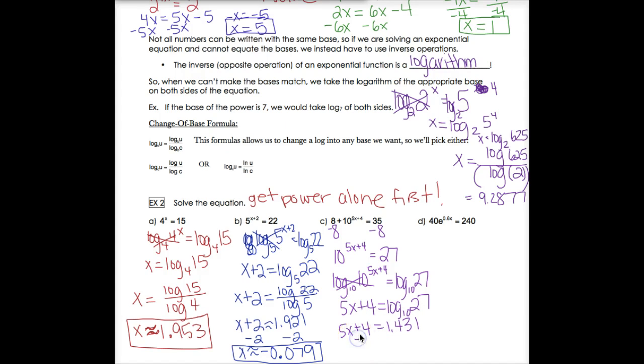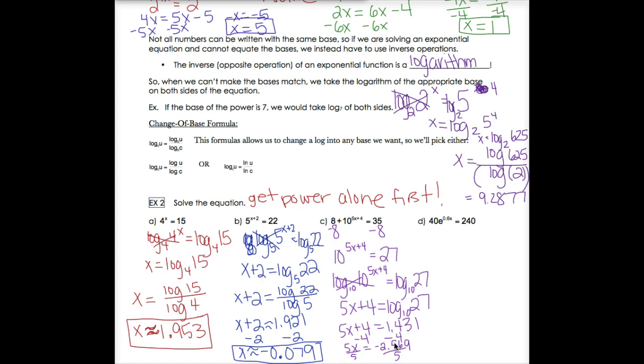But in your calculator, now to get x alone, you're going to subtract 4. So type in -4, enter on the calculator. Then you've got 5x equals negative 2.569. Then divide both sides by 5.